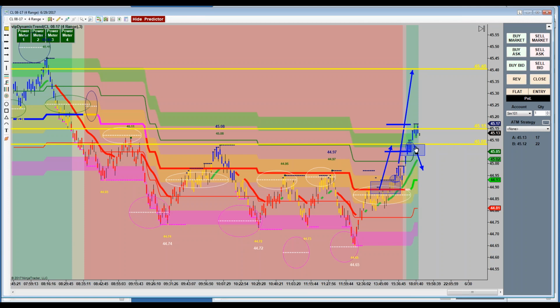So in this case, you could have said, really what should have happened here is I had the nice long here. I probably should have put a 2 lot on it, peeled one here, and then right now be trailing the stop on a runner instead of reversing it here. That's the way I should have handled it. So if you accidentally did flip into short, you hit the close button, bam, you're out.